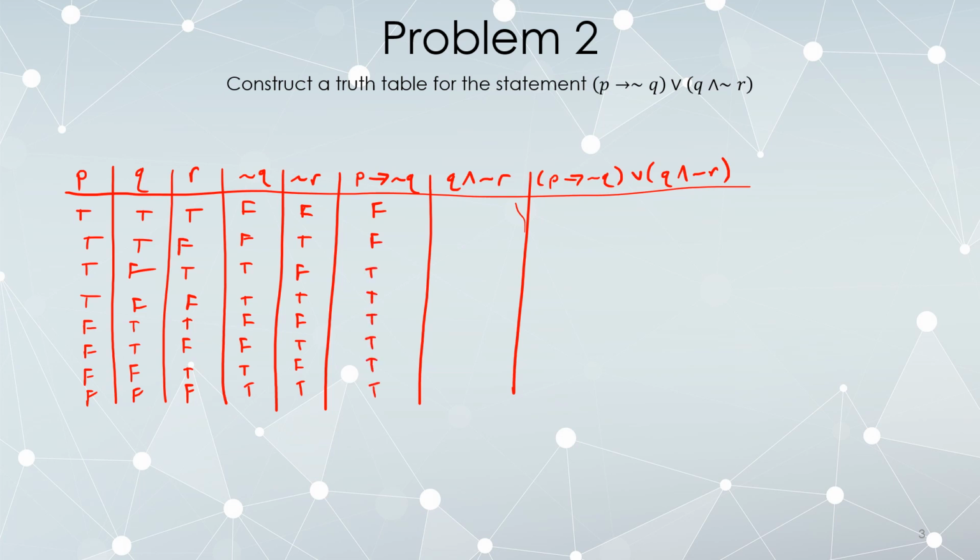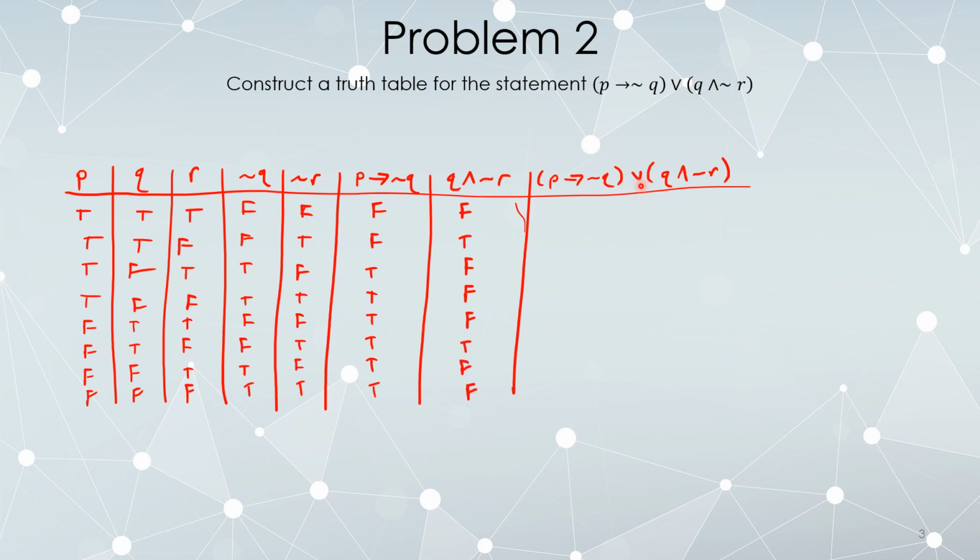Next, we're going to do a conjunction of Q with not R. So this and this column, and I'm looking, are they both true? So no, yes, no, no, no, yes, no, no. So overall, we've got false, true, false, false, false, true, false, false.